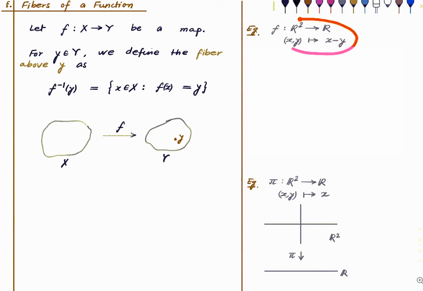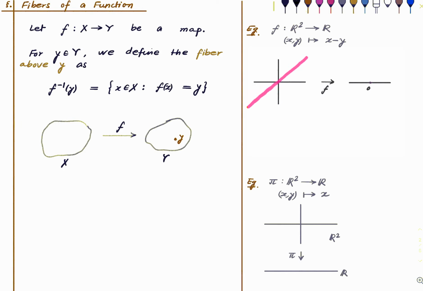Let's also see some examples. So this is a map from R2 to R, which is defined via this recipe. So what are the fibers? What are all the points that map to 0? Those are the points where x equals y.